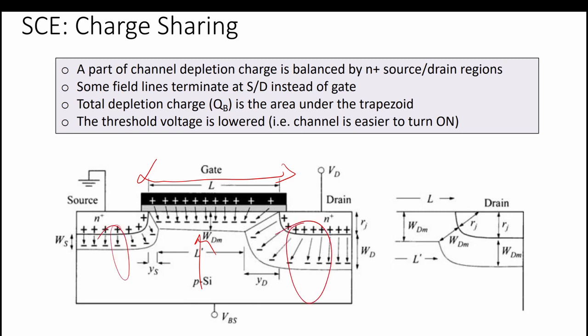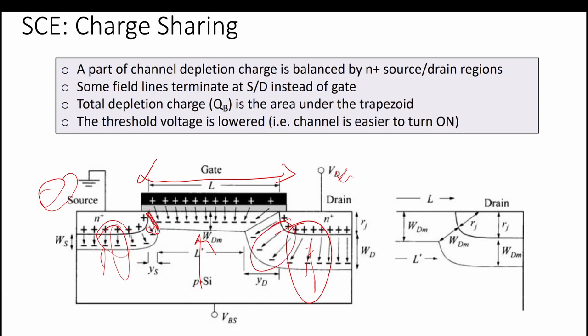In this region it is high because of the applied VD, and this is low because there is 0 voltage at this junction. So there is charge sharing by the source, and here charge sharing by the drain.